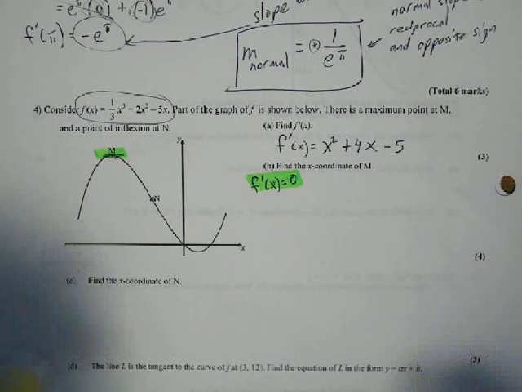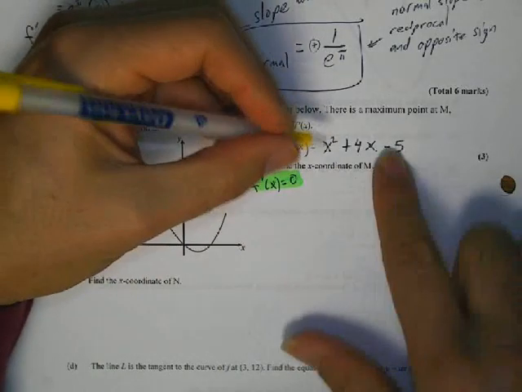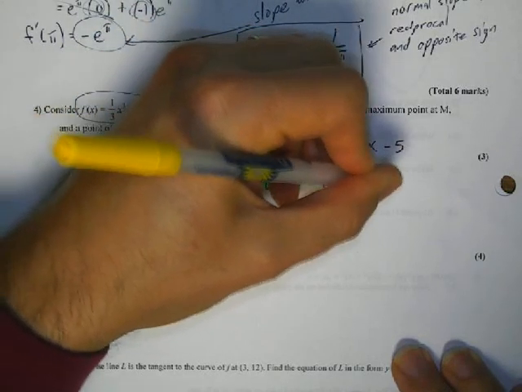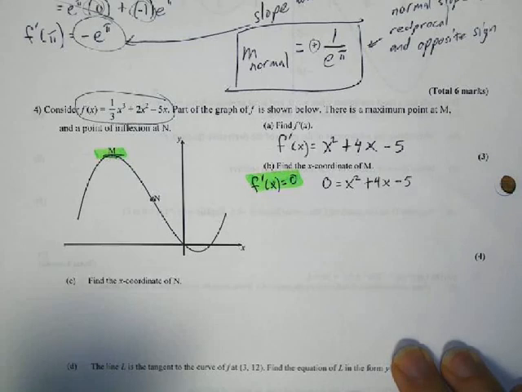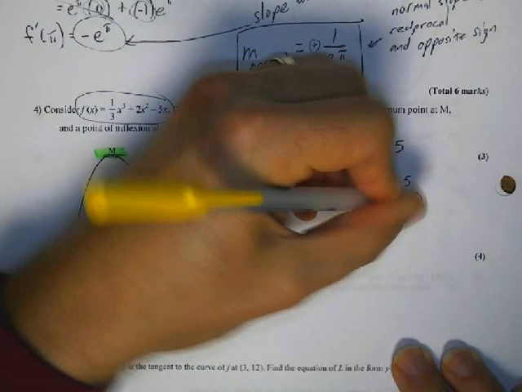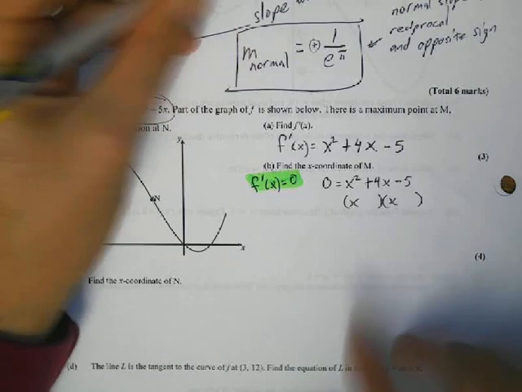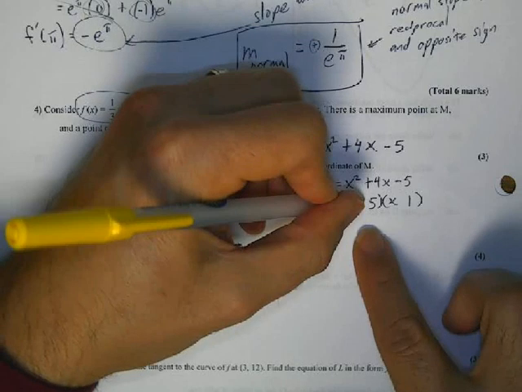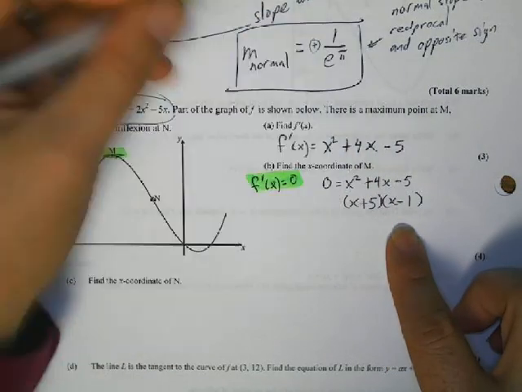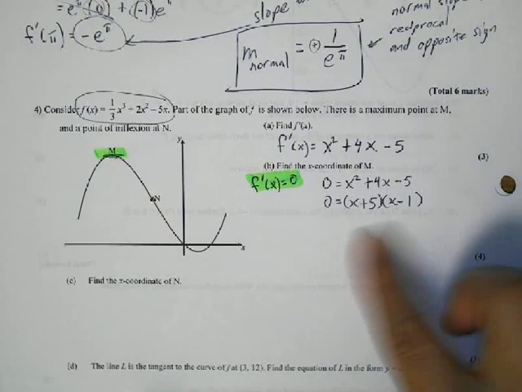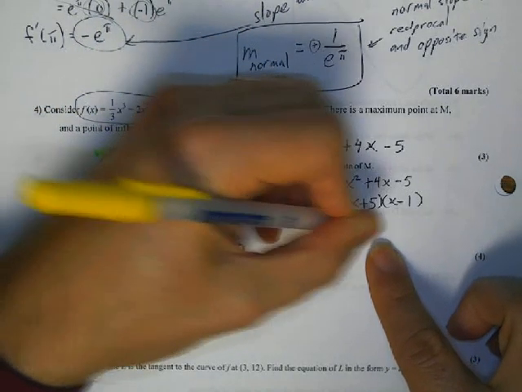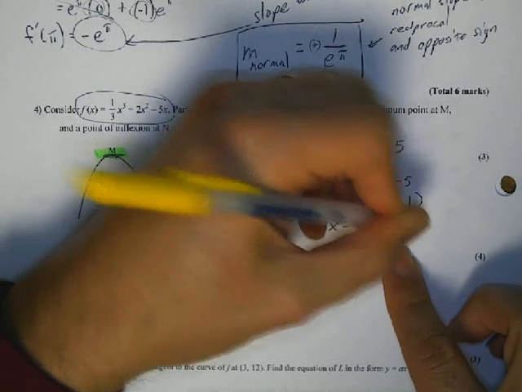So we're going to make the first derivative equal 0: 0 equals x squared plus 4x minus 5. So making that equal to 0, I can factor this out. To get 5, we're going to have 5 times 1. This one's going to be plus, this one's going to be minus. And then now that we've factored it out, we know that x equals -5 and x equals +1.